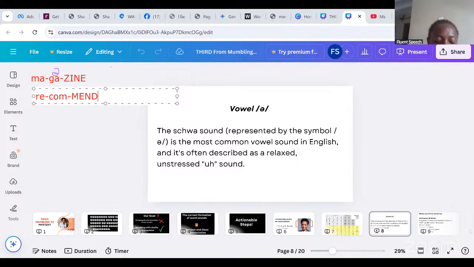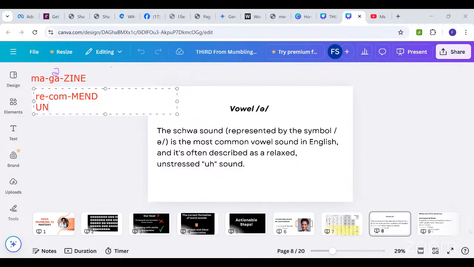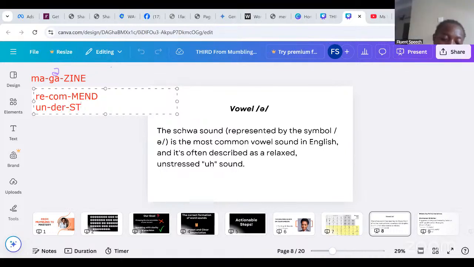Understand. So the rule that governs these words states that some trisyllabic words are naturally stressed on their last syllable, like in magazine, recommend, and understand.